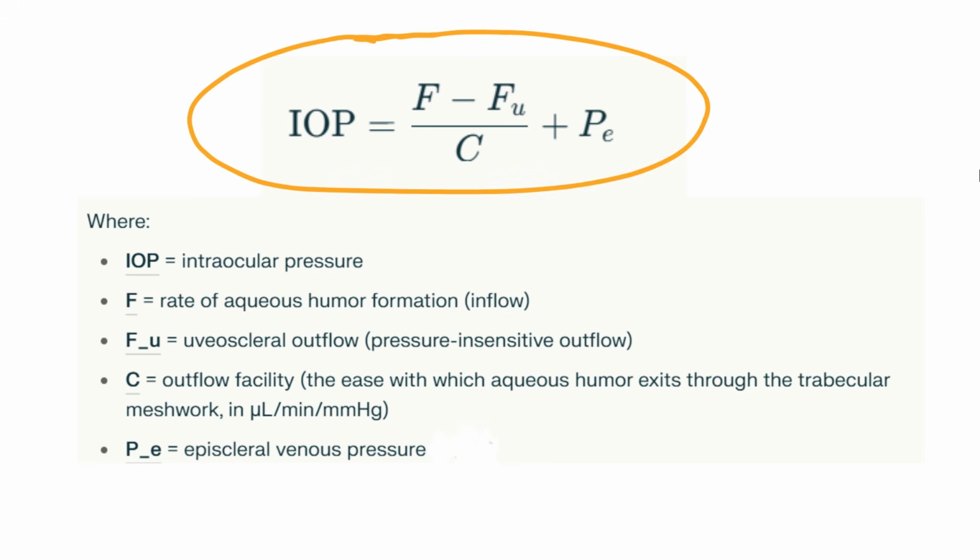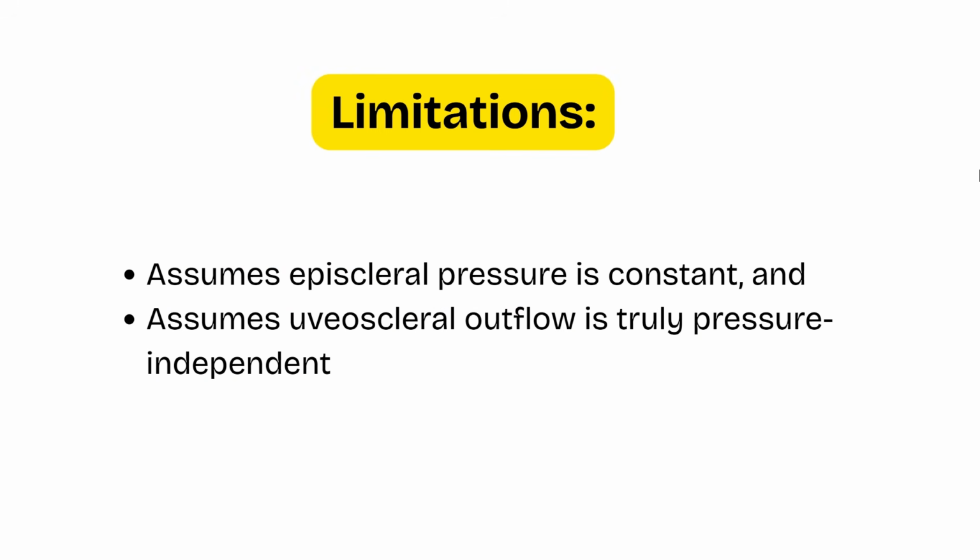So it can be written like this, where F stands for rate of the aqueous humor formation, FU stands for uveoscleral outflow, C is the outflow facility, basically the ease with which the aqueous humor exits through the trabecular meshwork in microliters per minute per millimeters of mercury, and PE is the episcleral venous pressure.